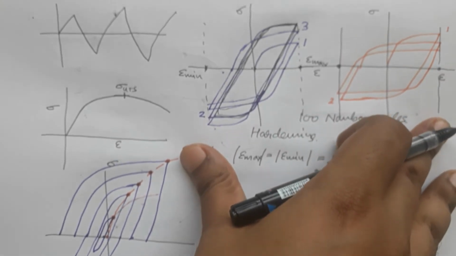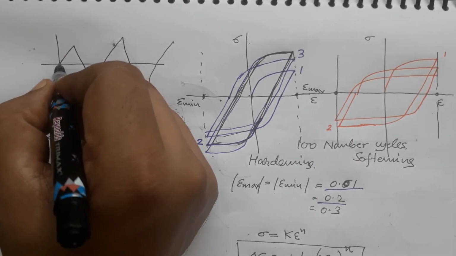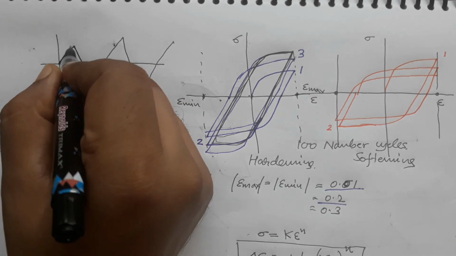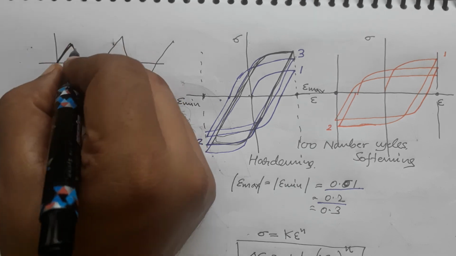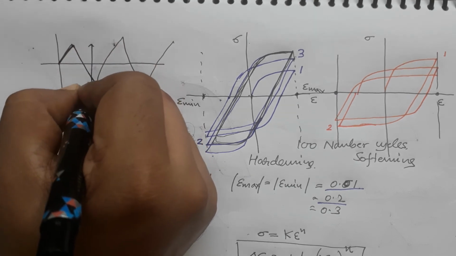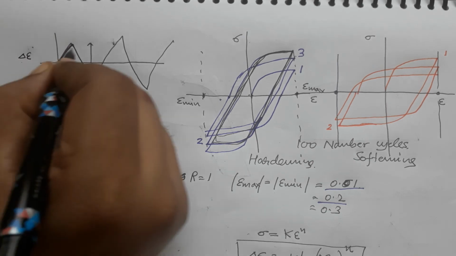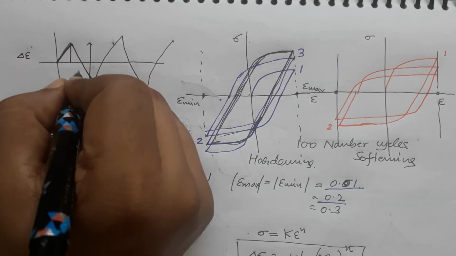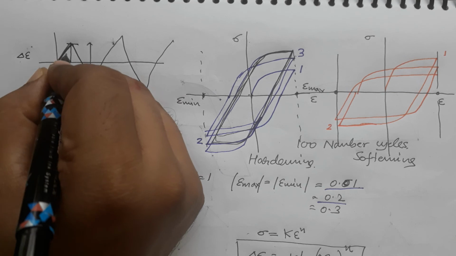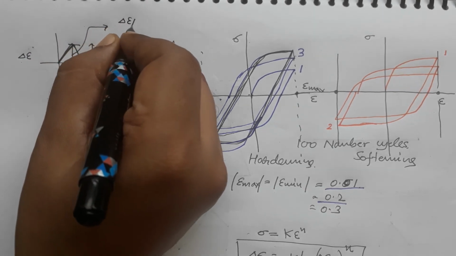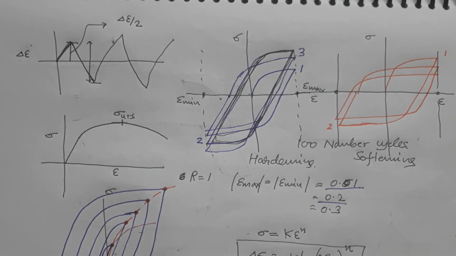If this is, let's say, my strain cycle, so I am going to this strain and then I am going to that strain, so this is my half strain. So total delta epsilon is this, right. This value is delta epsilon, and if we keep these values constant, this is obviously half of delta epsilon, right.